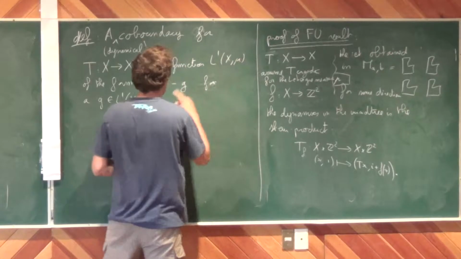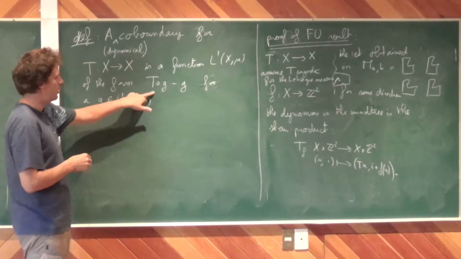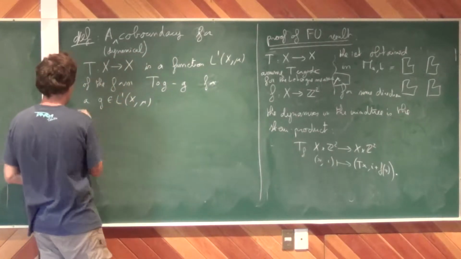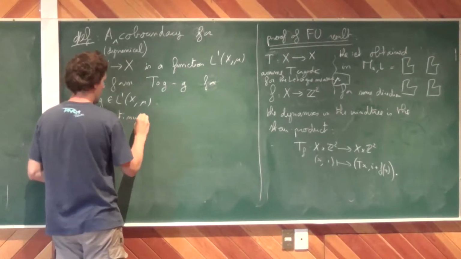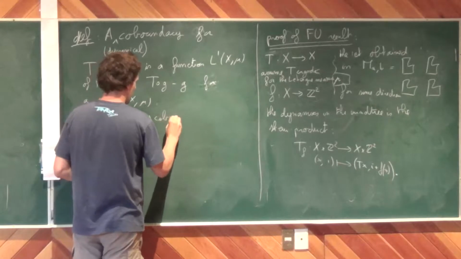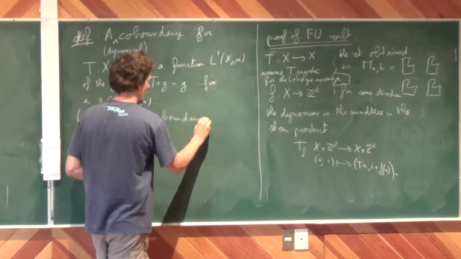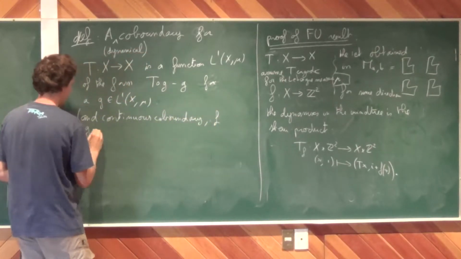And you have the same definition for a continuous coboundary if g may be taken continuous.